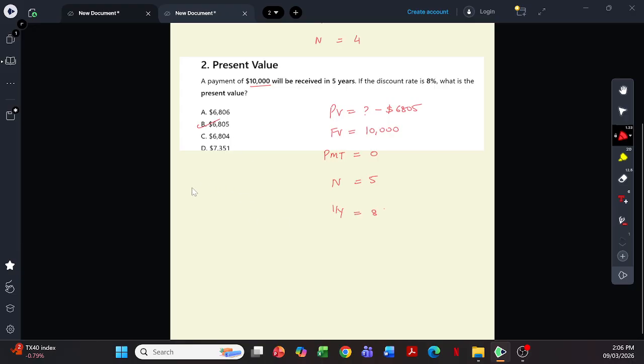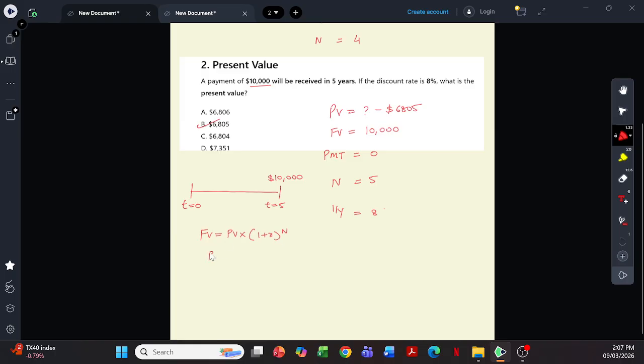Another way to approach this question is to assume that we are at time 0 and we're going to receive this $10,000 at time 5, right? T5, we're going to receive $10,000. A formula that you should always remember for any time value of money question is that future value is equal to present value multiplied by (1 plus r) to the power n.